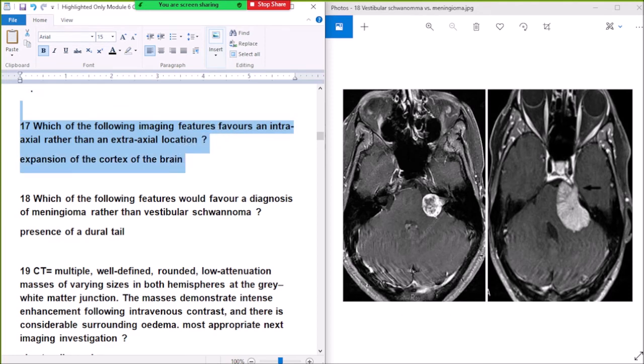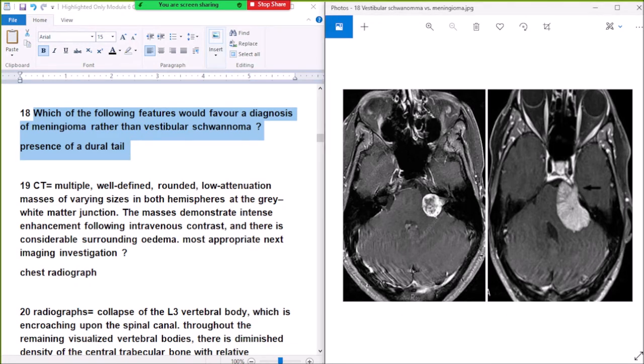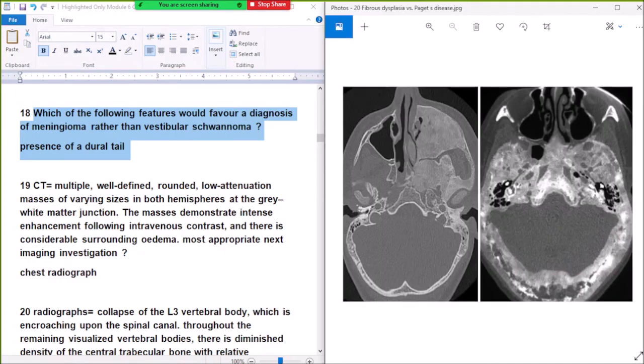Expansion of the cortex of the brain. 18. Which of the following features would favor a diagnosis of meningioma rather than vestibular schwannoma? Presence of dural tails.